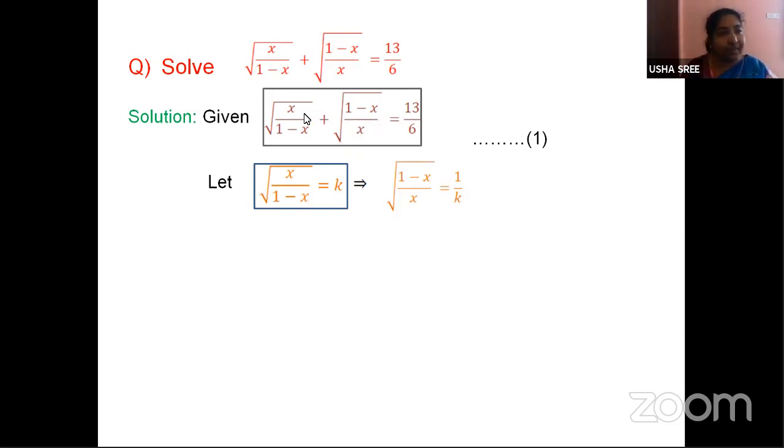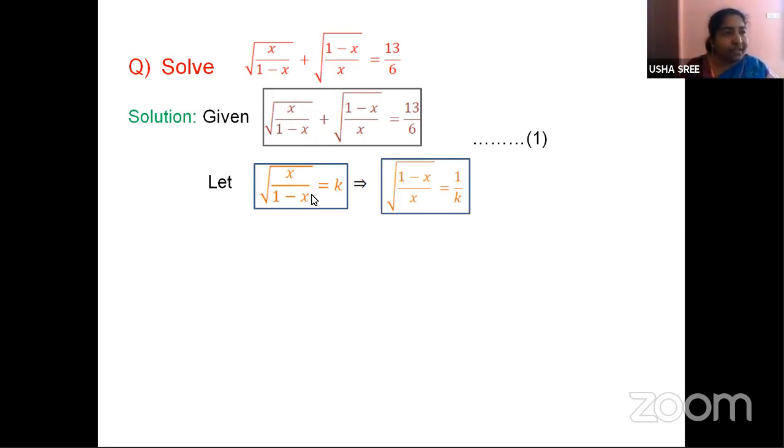Just now I was telling x by 1 minus x and 1 minus x by x both are reciprocals, isn't it? So root of x by 1 minus x is equal to k, and it is giving you root of 1 minus x by x is equal to 1 by k. Now these two values can be substituted in your equation 1.